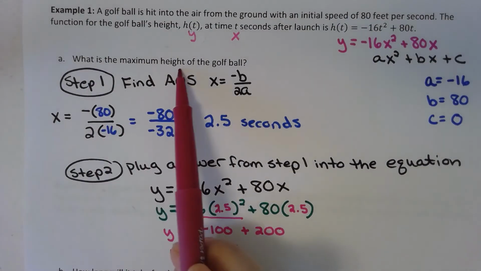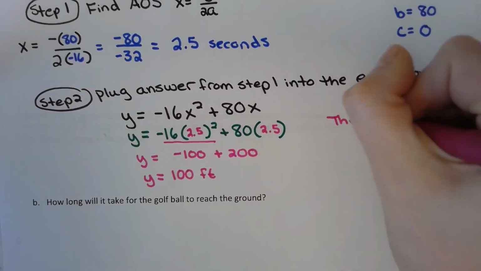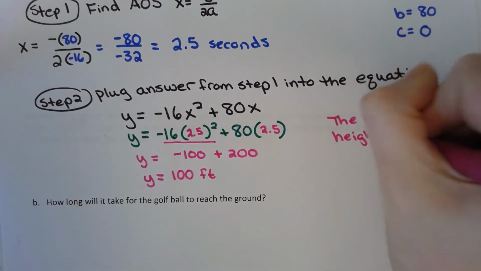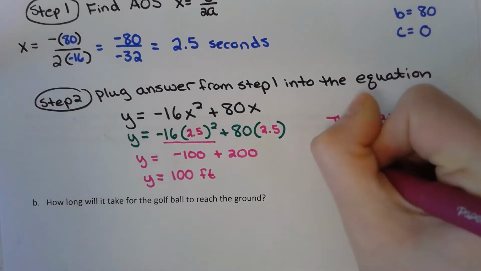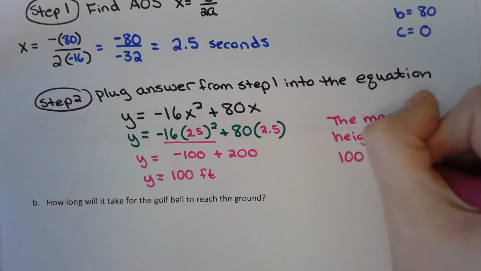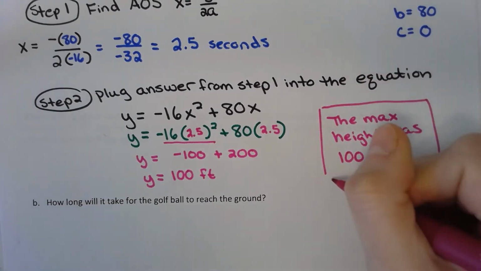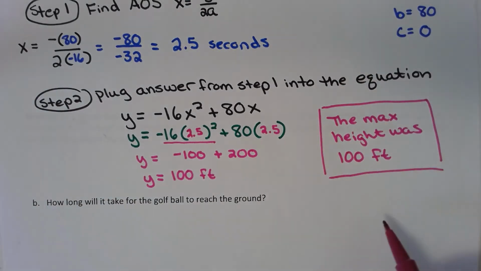What is the maximum height of the golf ball? I'm going to put over here the max height was 100 feet. Now, whenever you enter your answers onto Canvas, you are not going to worry about the labels, the feet, all that stuff. I only care about the number.